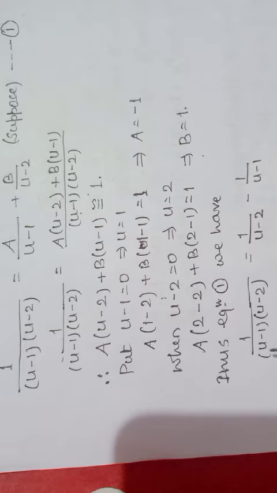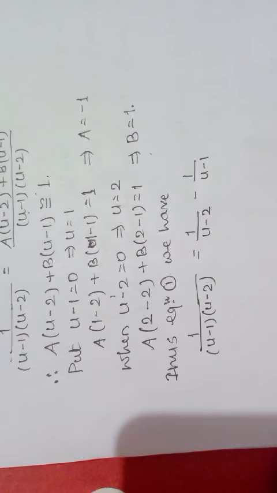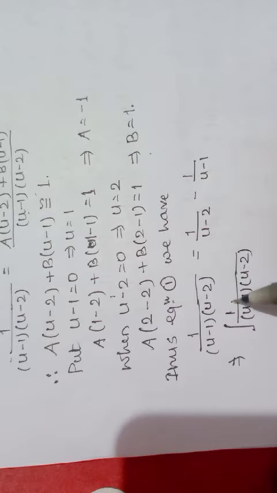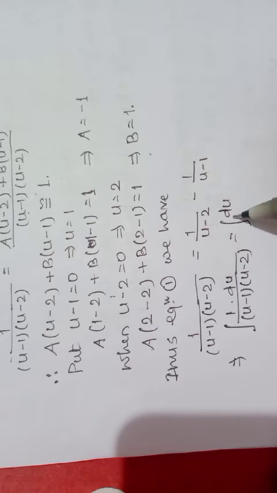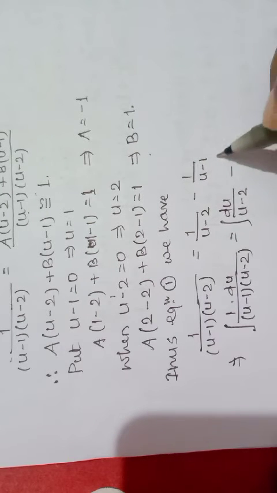Now integrate both sides. So the integral of 1 upon (u minus 1) into (u minus 2) du is equal to the integration of du upon (u minus 2) minus the integration of du upon (u minus 1).